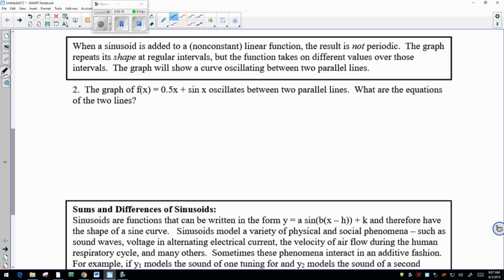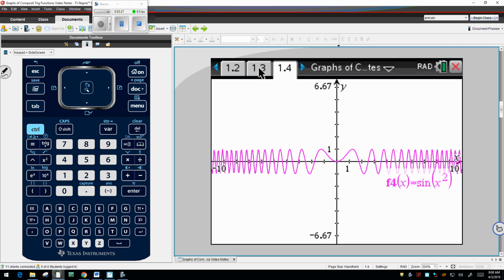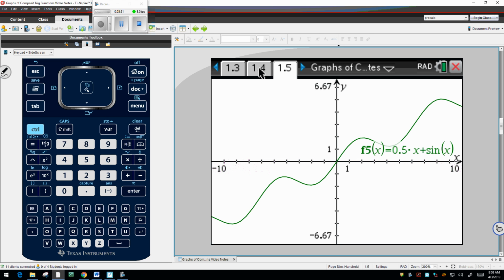So for instance, number 2 says the graph of this function, and notice here's that linear factor that they were talking about, oscillates between two parallel lines. It says, what are the equations of the two lines? So if we look at that graph, again, here's that idea. It's almost like a sine curve, but tilted. And I can see that there's got to be two lines that it's kind of wiggling in between.